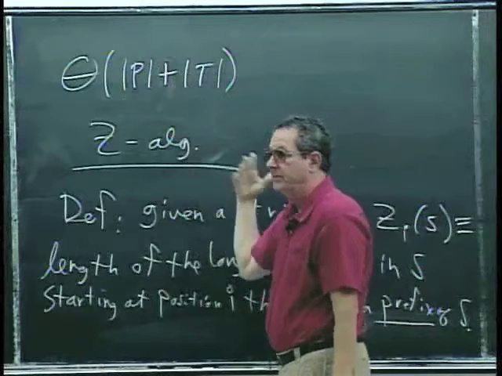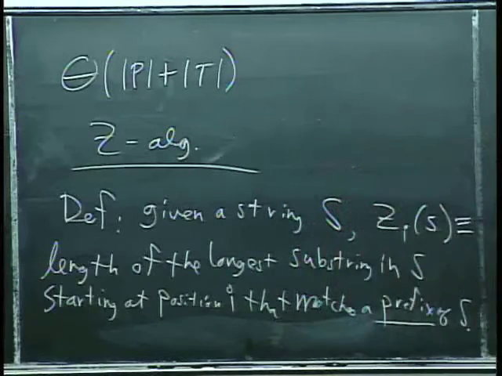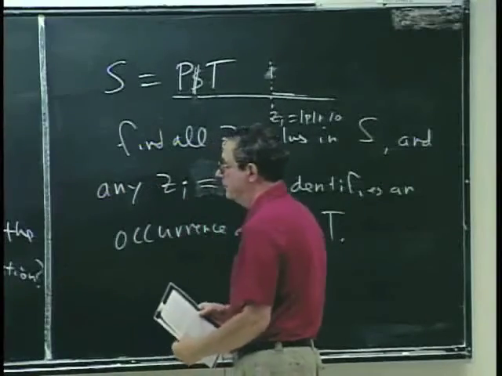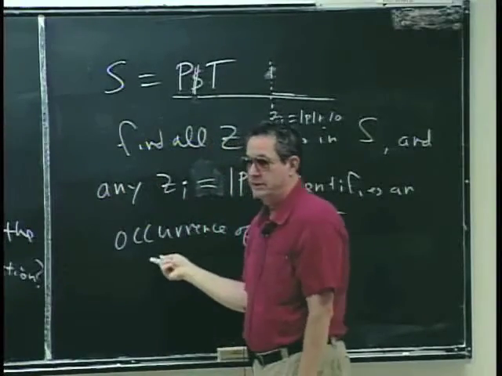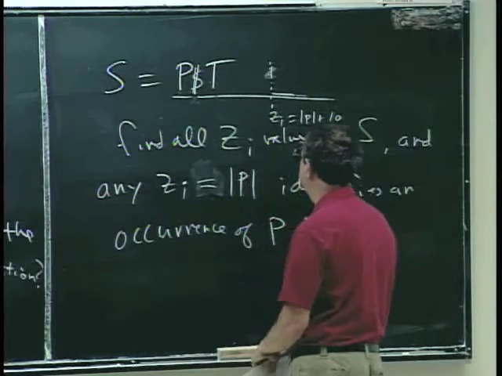It'll turn out that the Z algorithm is useful for other applications as well, but this certainly shows that a linear time algorithm to find all the Z values gives a solution that solves the pattern matching in linear time.